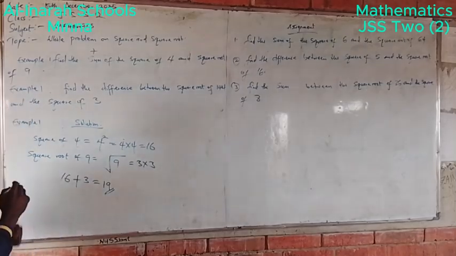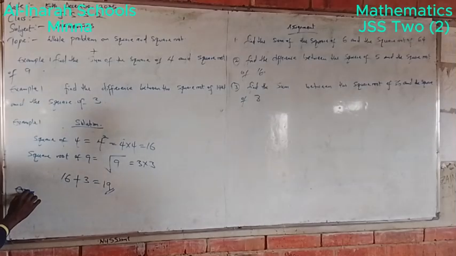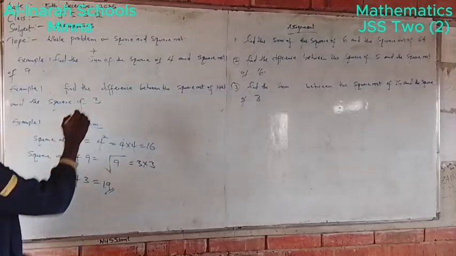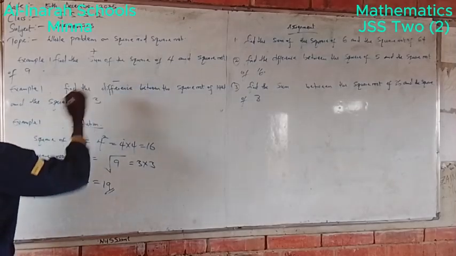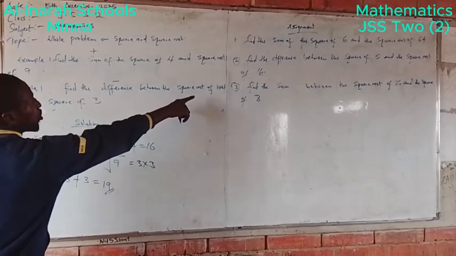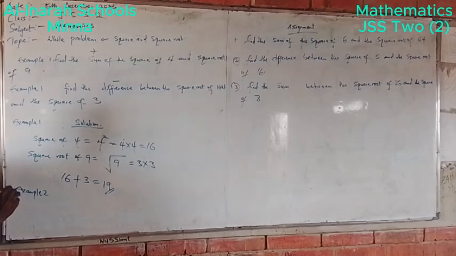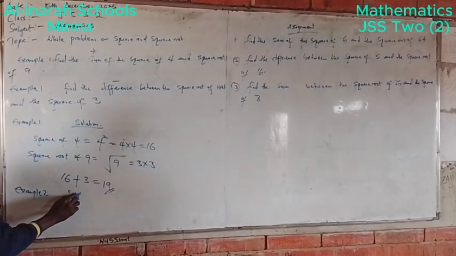Now, moving to example 2, we have the second example. Find the difference. Difference here means minus, between the square root of 144 and the square of 3. The first thing you do, you write your solution.